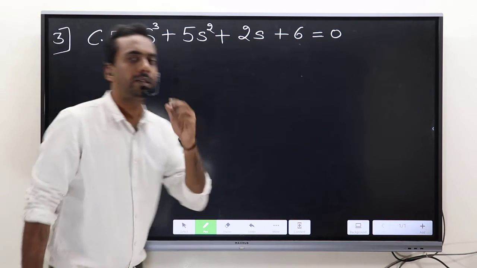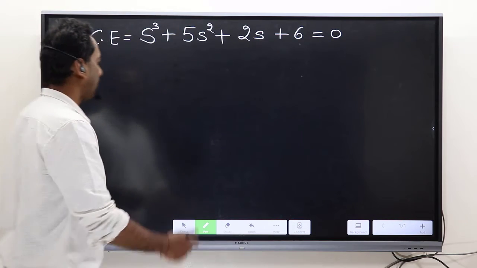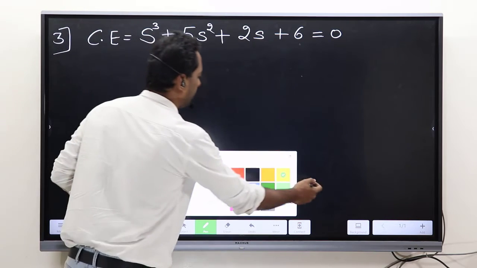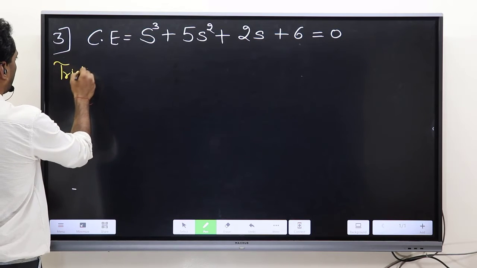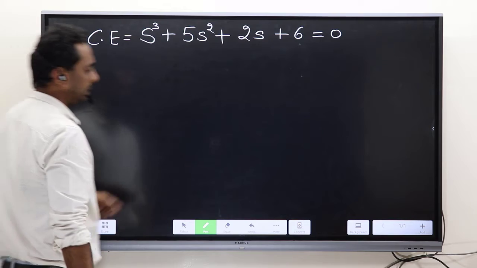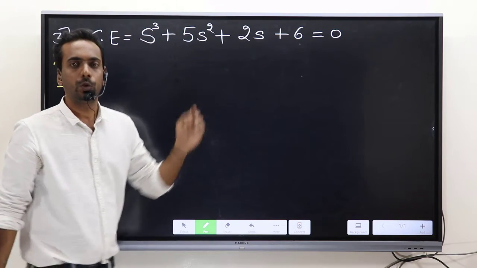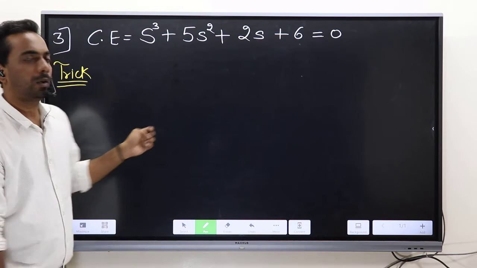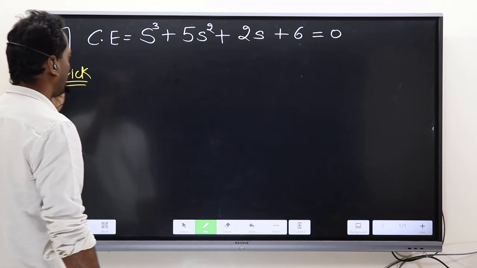Then how to identify whether it is stable, unstable or margin stable? There is one shortcut trick, एक यहाँ पे trick है to solve these questions. This trick is applicable for any question which is based on cubic, right? थर्ड ऑर्डर सिस्टम के लिए ये एप्लीकेबल है, राइट?